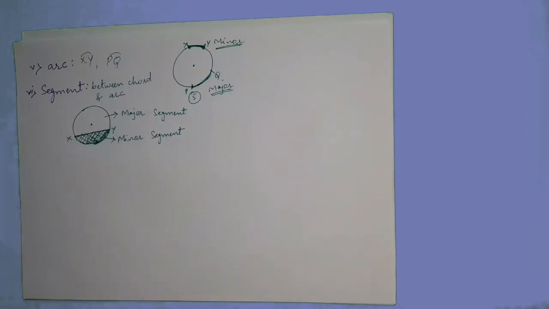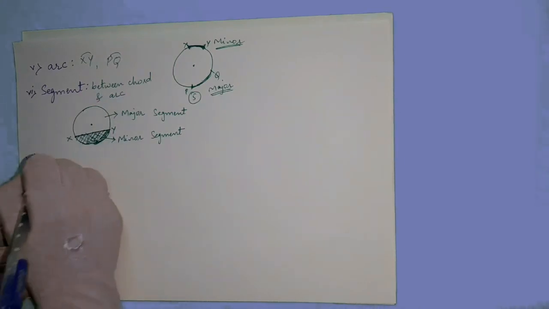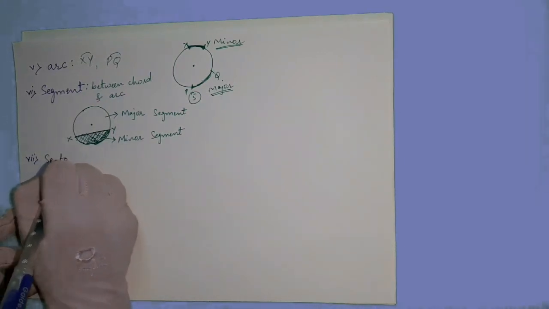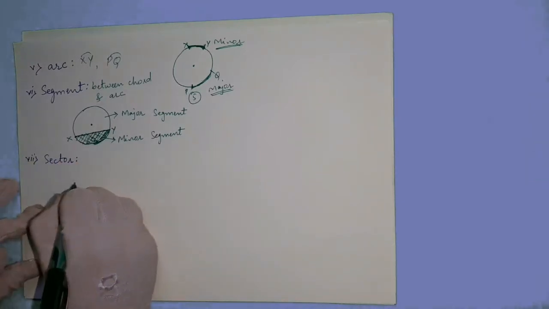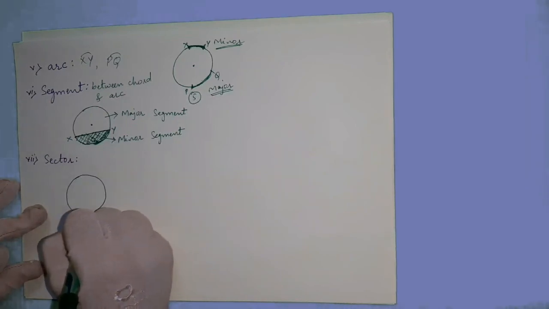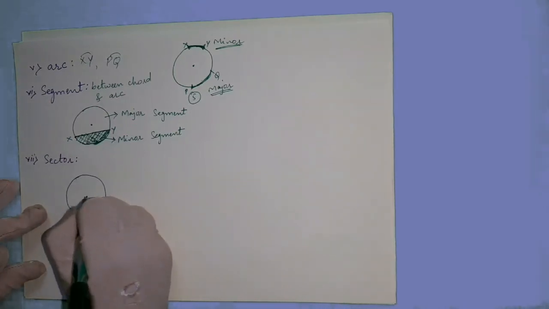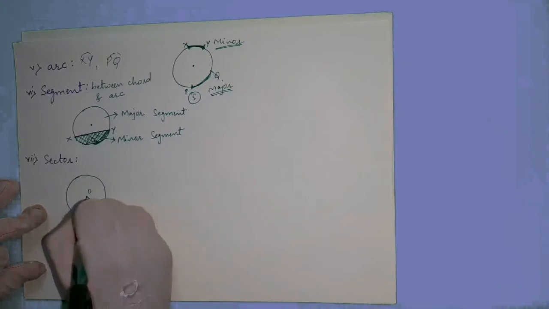The next, seventh point we are dealing with here is sector. Let us see the figure now. When we are saying a sector, it is nothing but again the region between the two radii and arc.